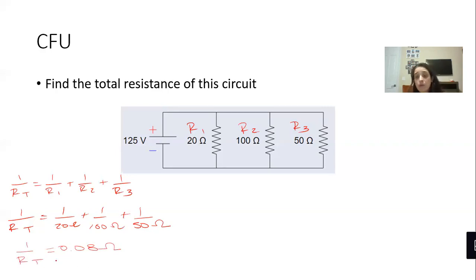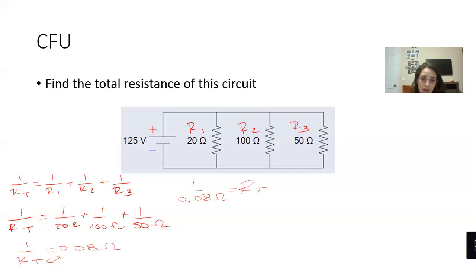So here we're not fully finished because the variable that we're looking for is actually in the denominator on the other side. So here we're going to have to cross multiply these two numbers in order to figure out what our total resistance is. I bring my resistance to the numerator on the other side, and this number to my denominator on the other side, and I end up with 1 over 0.08 ohms is equal to my total resistance.